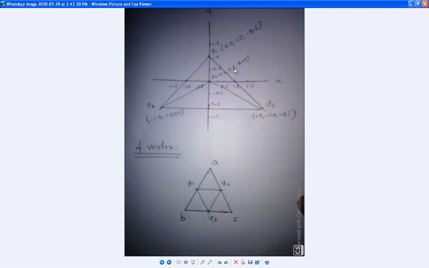At present, in order to make this program work, consider that the z coordinate of the origin is 1.0 and the z coordinate of all the other vertices is minus 0.5. It is not mandatory that it should be minus 0.5, but just consider that. So now v0 is the only one with a positive z value, and for the rest, v1, v2 and v3, the z coordinate is minus 0.5.